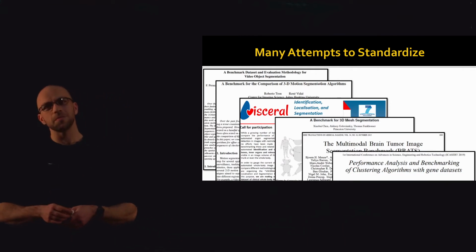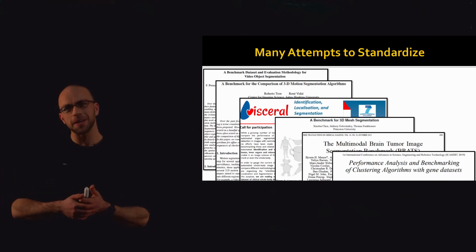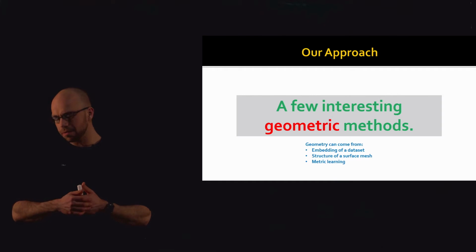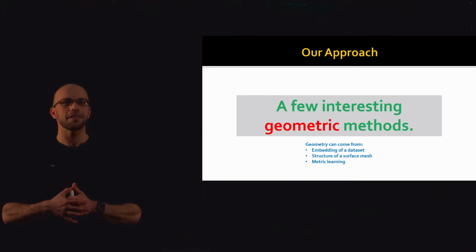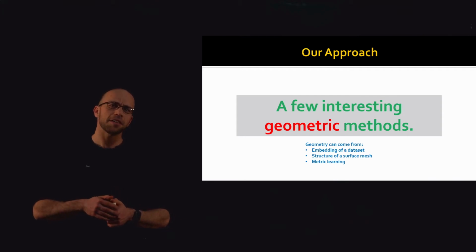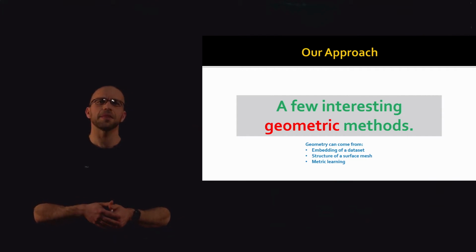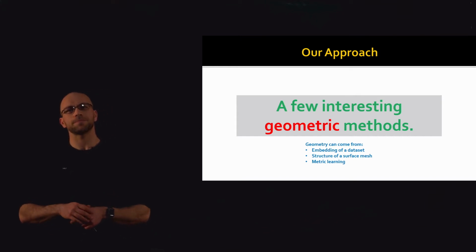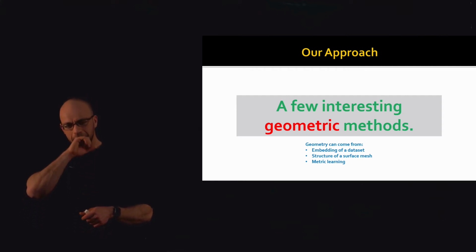Of course, we're not going to talk at this level of generality too much in 6838. Instead, we're going to focus on a few interesting geometric methods for segmentation or clustering. These really are, in some sense, going to be pretty generic algorithms, but they're basically taking a piece of geometry and dividing it into meaningful parts. We're going to call out just a few of the many algorithms in this space.